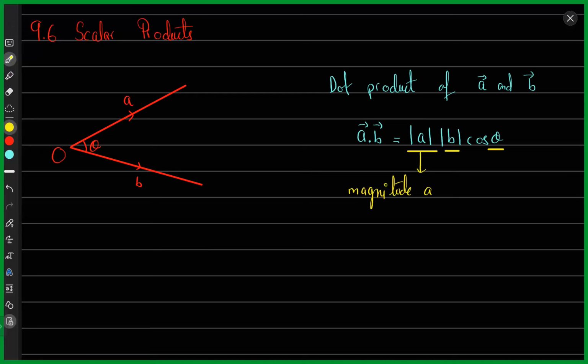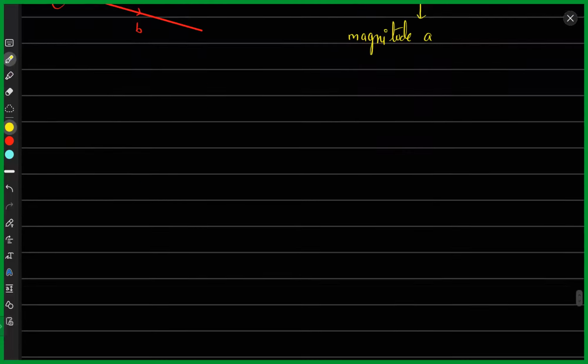Okay. Now this is one way of writing down the dot product. Another way of writing down the dot product is, imagine the same situation this way. So we have a vector A that has A1 as its x component, A2 as y component, and A3 as z component.